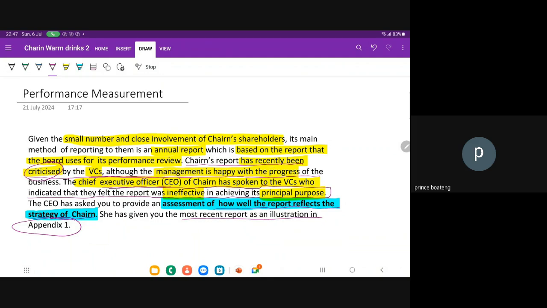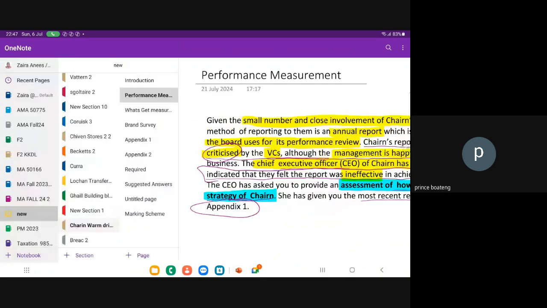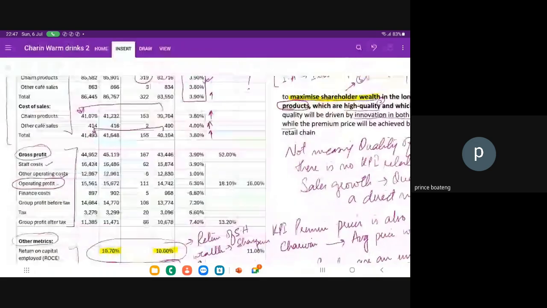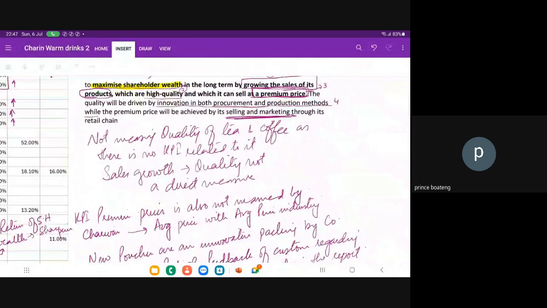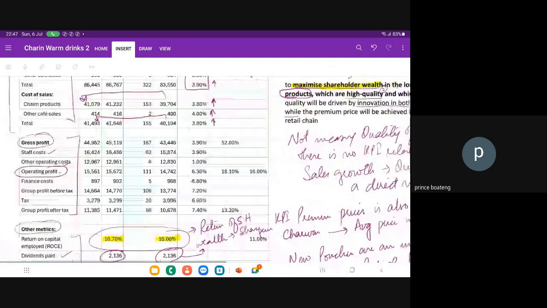Principal purpose is to communicate the details of the company to the shareholder. So, if you want to conclude anything, what can be the conclusion? The conclusion can be that this performance measurement report is not fully communicating major issues of the company to the shareholder because of so many things which are not given or not measured in the question.